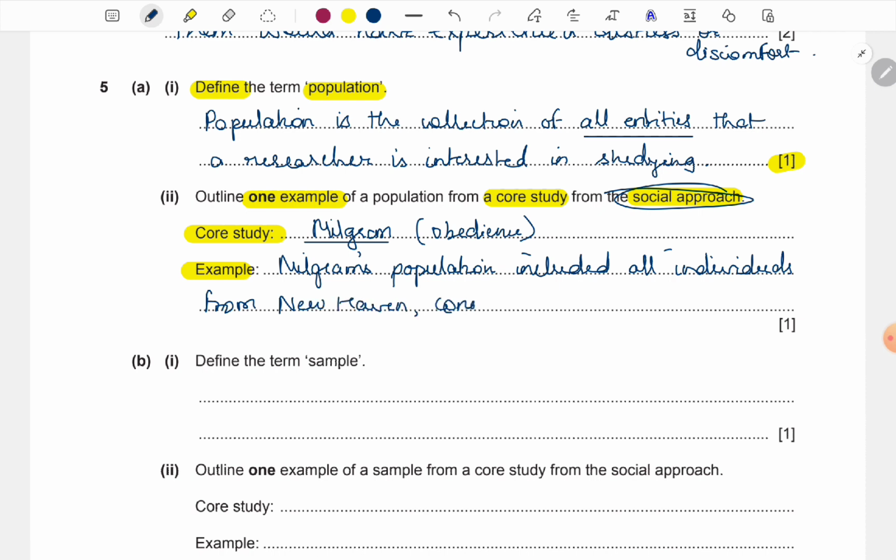Even if you just say New Haven or Connecticut, either one is fine, who were reached out to by newspaper advertisement or direct mail solicitation.